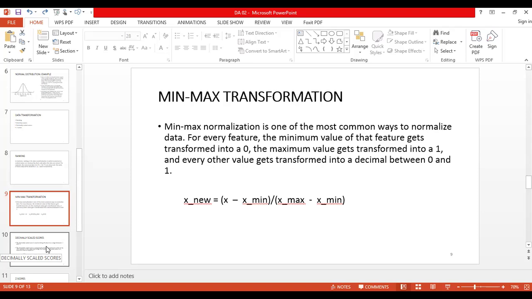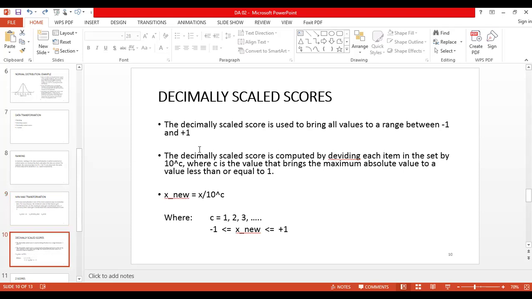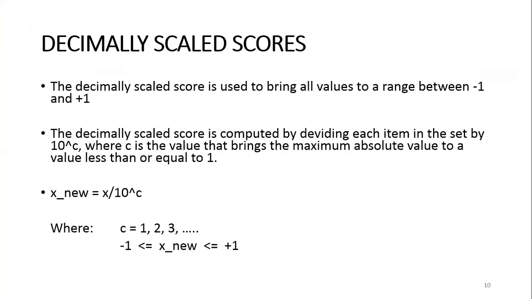Thank you. That's right. So the decimally scaled score is used to bring all values to a range of -1 and +1.